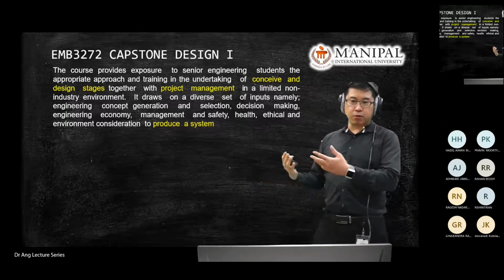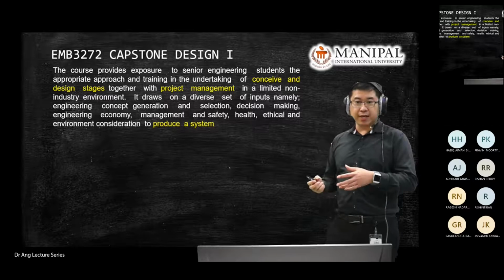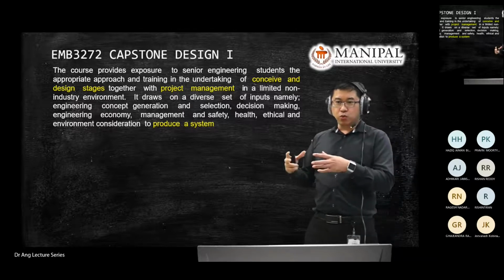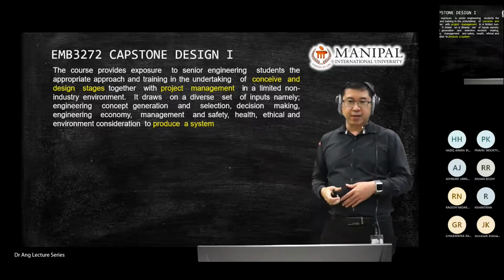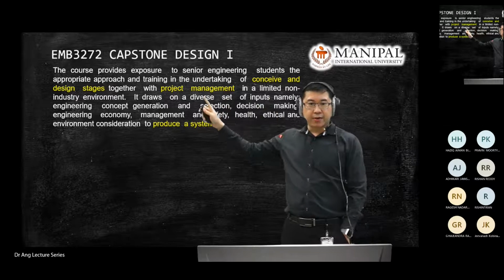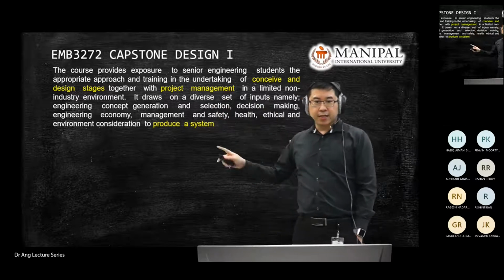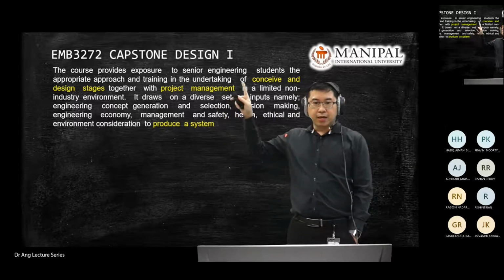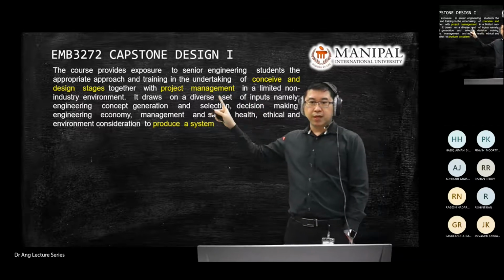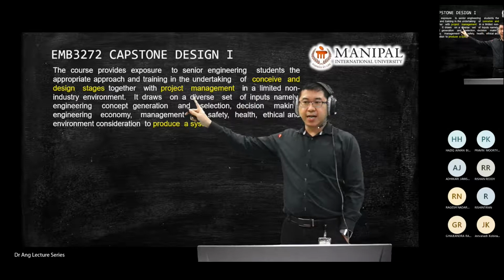Means you go to the workshop and you make the things into objects or into devices. The important point I highlight with the yellow color here is that in Capstone Design 1, we will train you on the design stage here.